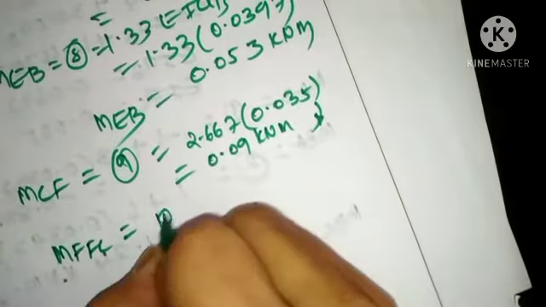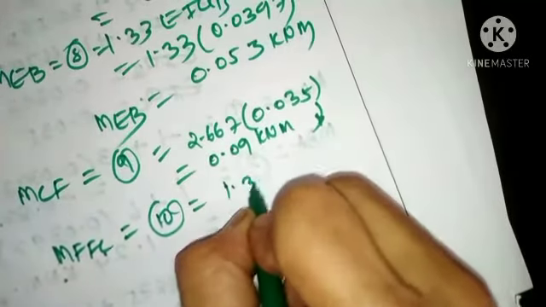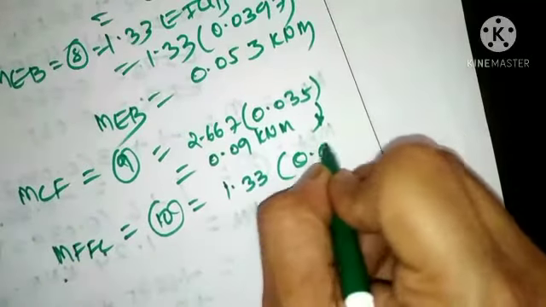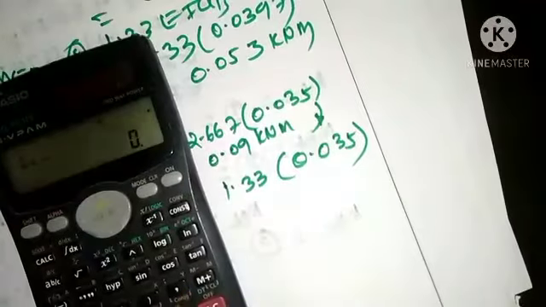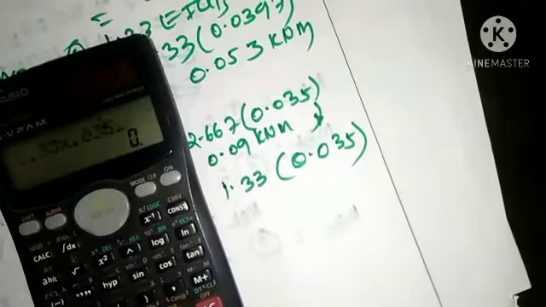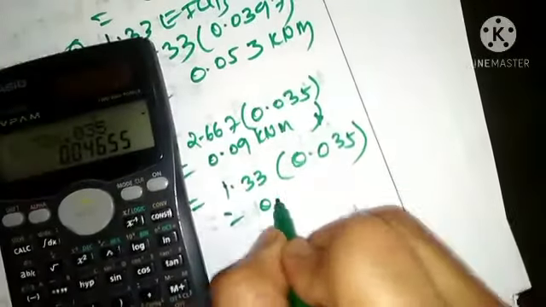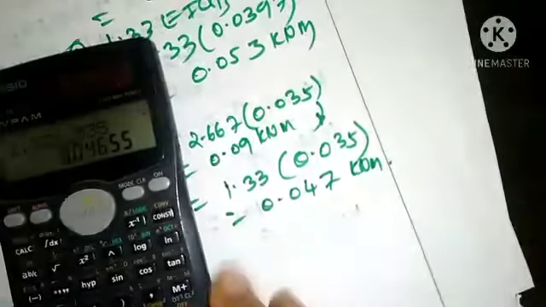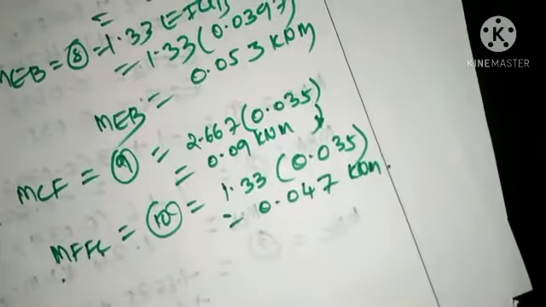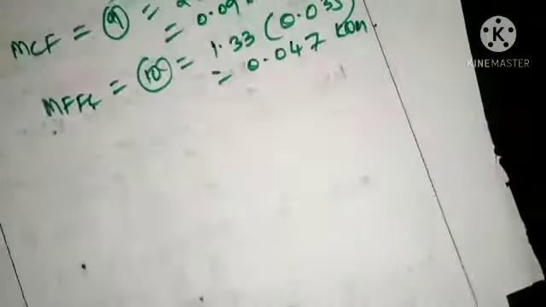MFC is equation number 10, and 1.33 into 0.035 is the value, which will be 0.047 kilonewton meter. So these are the values that will help us find the final moments.